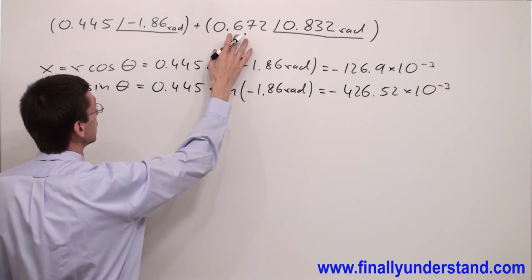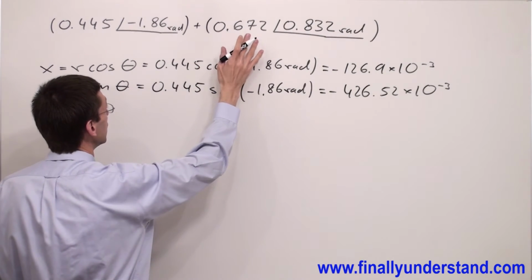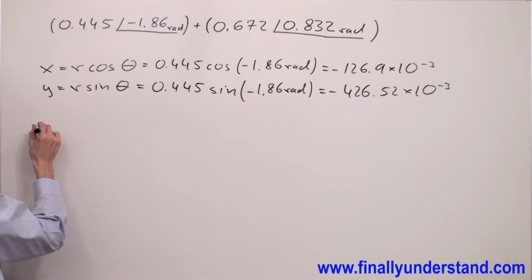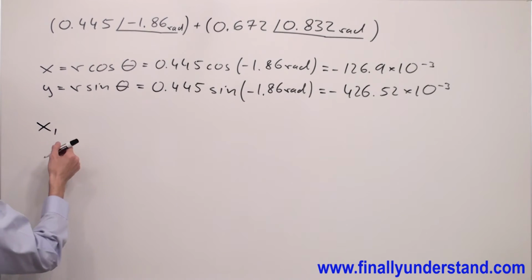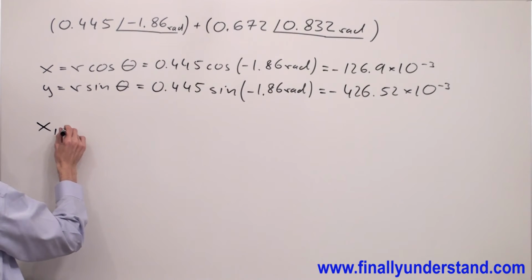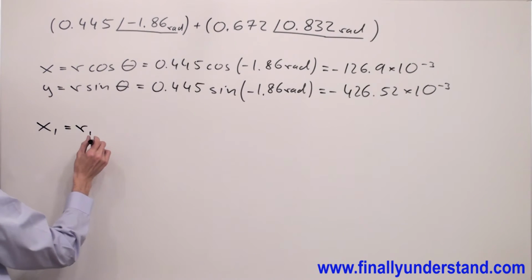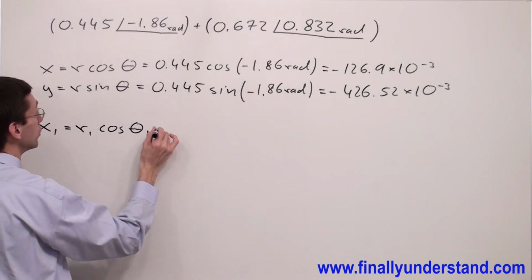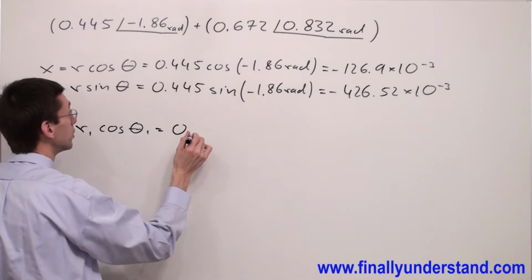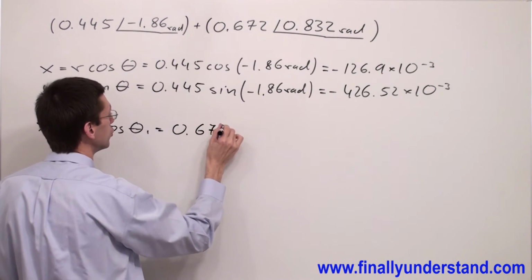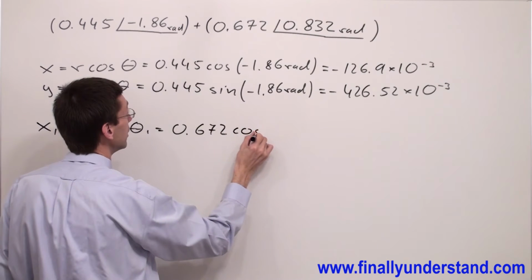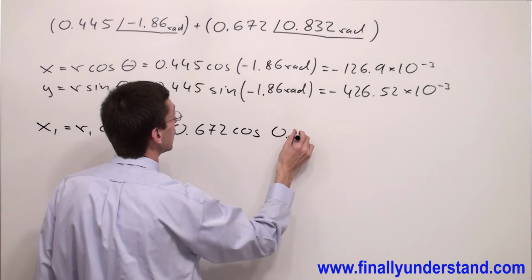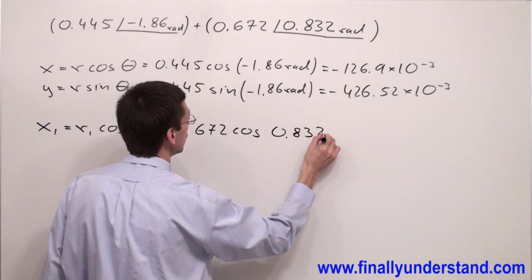Now I'm going to convert this complex number expressed in polar form to rectangular form too. So I have x1, I'm going to call x1 this time, is r1 cosine theta 1, which is equal to 0.672 cosine of angle 0.832.